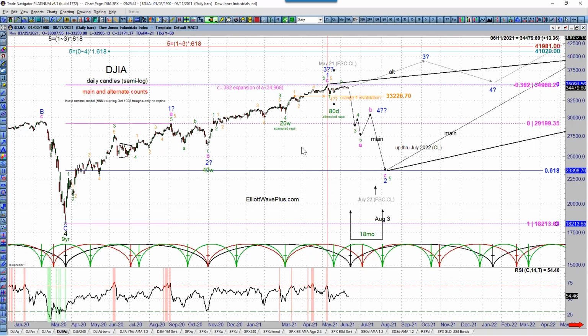But I have brought in an additional count on the Dow that I've been showing on the S&P, and that is that maybe this is wave 1 and 2, and we got a short wave 3, and now we're going to get a wave 4, in which case this pink line right here at 29,199 would become blue 4, double question mark, invalidation.